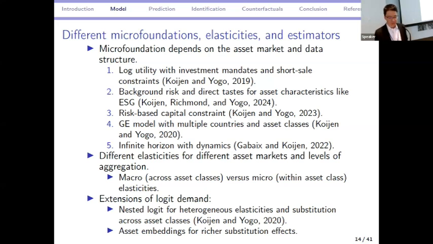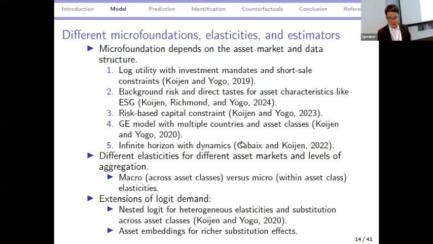Okay, and then depending on other applications, we had versions where we had background risk or direct taste for characteristics like ESG, in my paper with Ralph and Rob. If it's an insurance context, risk-based capital constraints matter. In a multi-country world, we did a version of this with multiple countries and asset classes that gave rise to gravity relations.